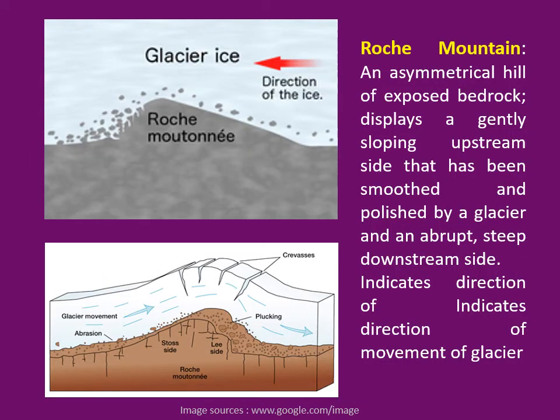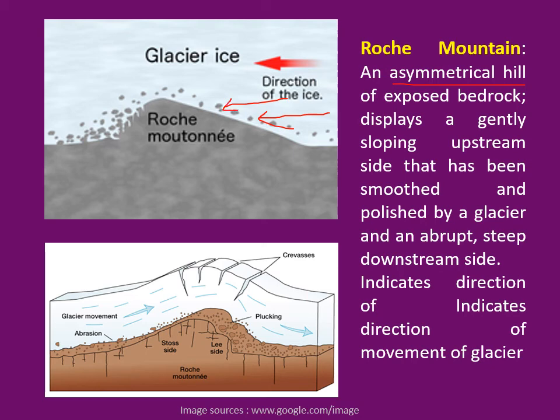Another kind of erosional landform formed by glaciers is known as roche moutonnée. It is an asymmetrical hill which is exposed in the path of glacial movement, and during the movement of the glacial ice mass, a continuous impact occurs on the upslope portion of the exposed hill. The ice mass of the glacier continuously impacts this surface.